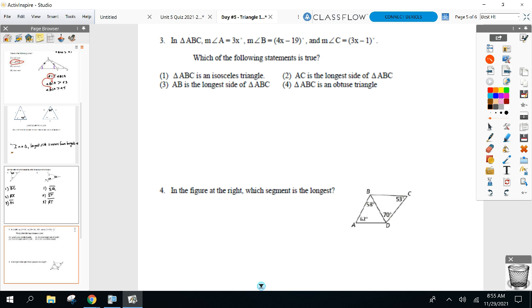You can't determine it just based on 3x, 4x minus 19, and 3x minus 1. You got to find out what those angles actually are in degrees.